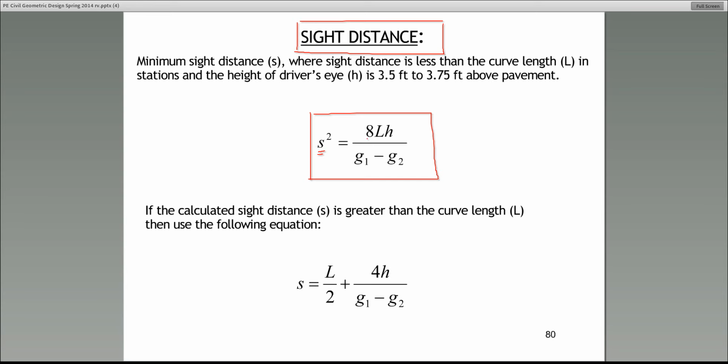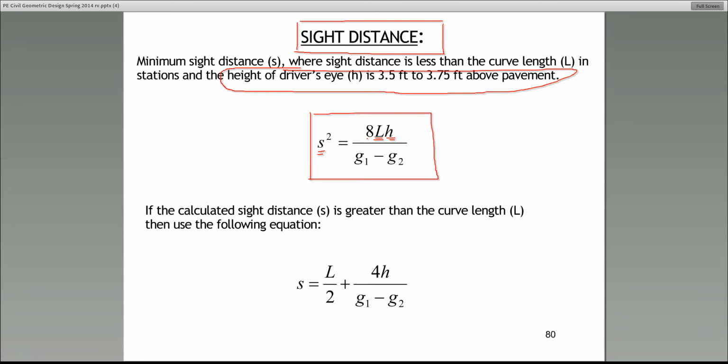L is the length of the curve. H, guys, pay attention to what that is. H in that equation is the height of the driver's eye above the pavement. In other words, your line of sight, how far is it from the surface of the pavement?